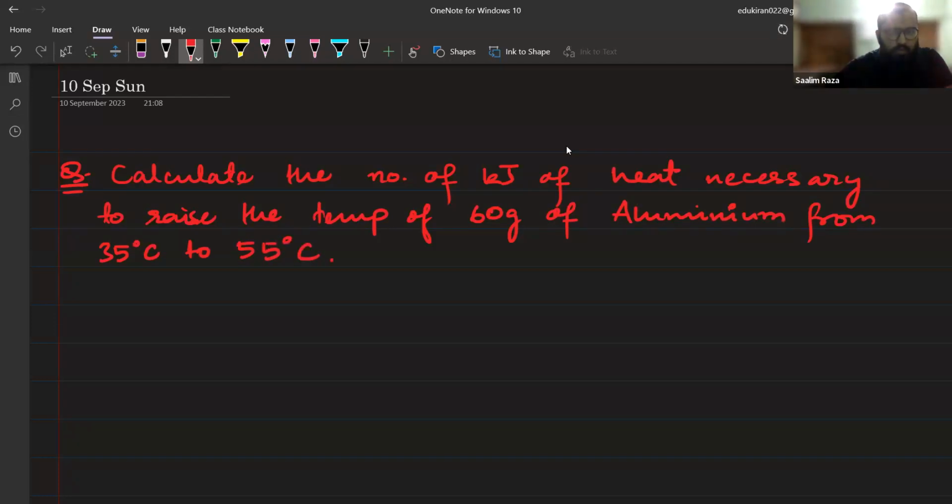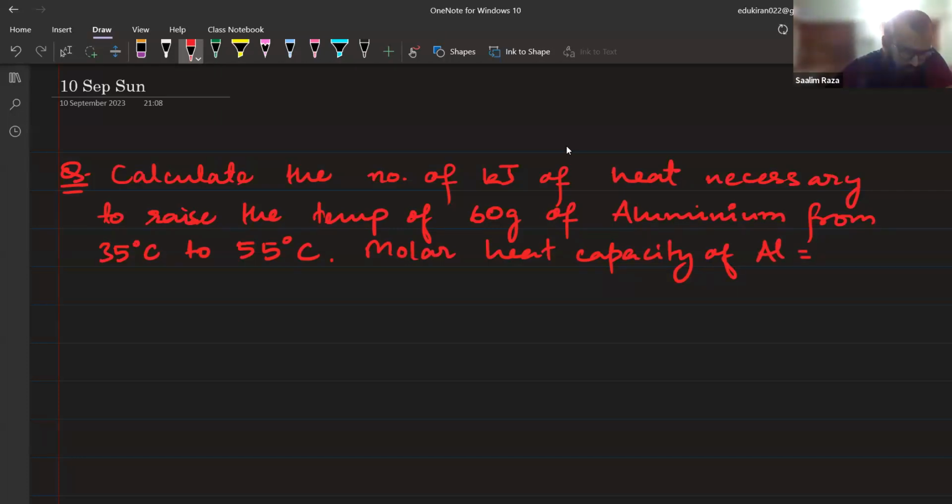And they have written the molar heat capacity of aluminium. It is given as 24 joules per mole per Kelvin.